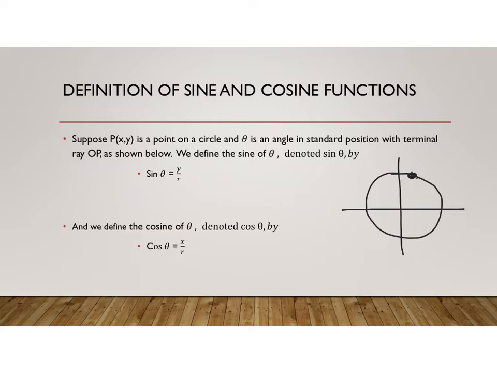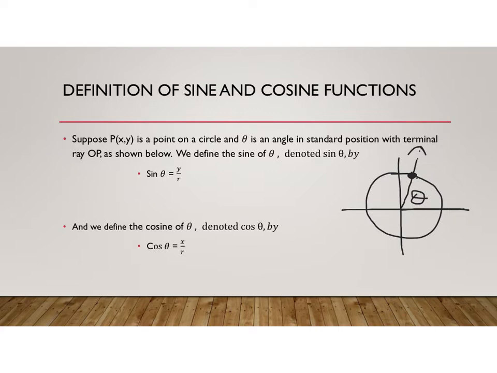Again we could talk about an angle. Remember, the angle starts at this initial ray, and if we rotate it, we'd be talking about this angle theta, which looks to be about 75, 80 degrees and so on. Then we would define the sine of theta, denoted sine theta, by y over r.